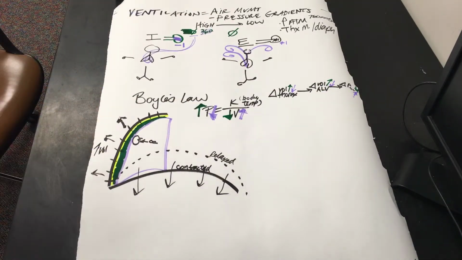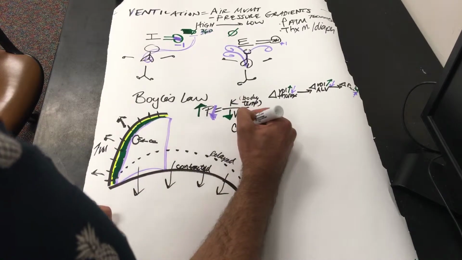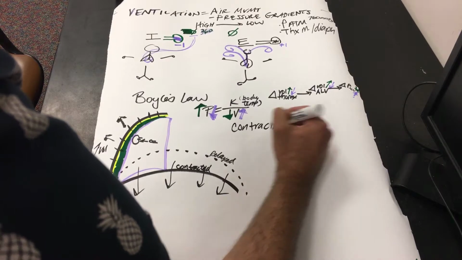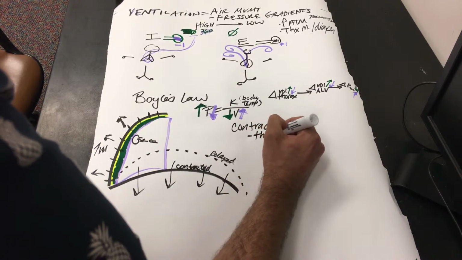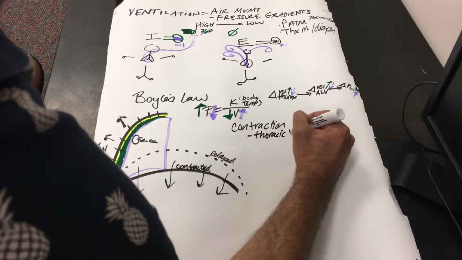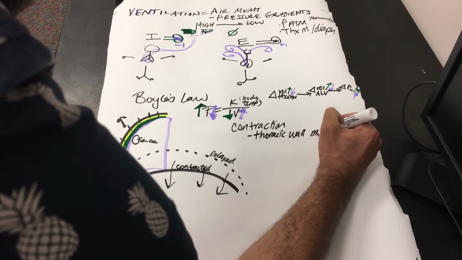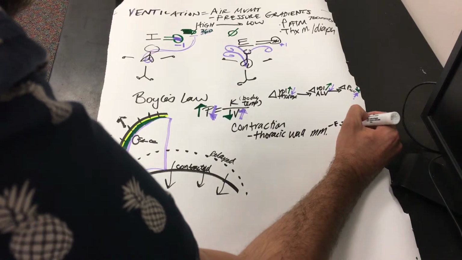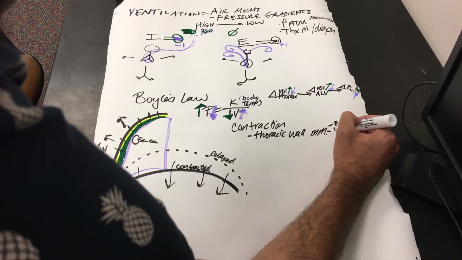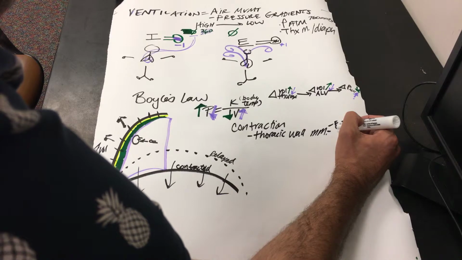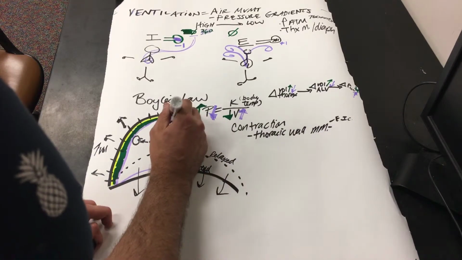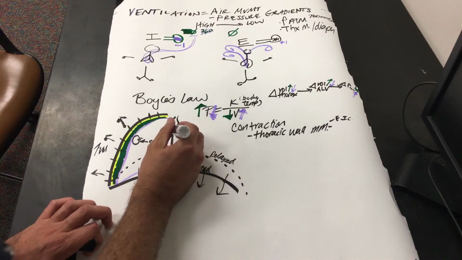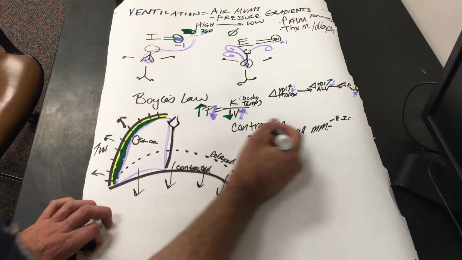How does this happen? Contraction of thoracic wall muscles. These are the external intercostals. These are muscles that attach and insert on the sternum, that lift the sternum up and anteriorly.